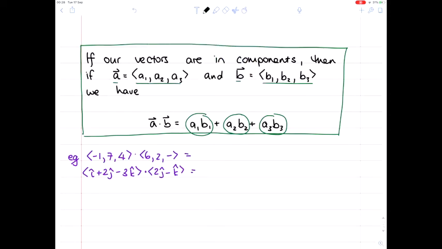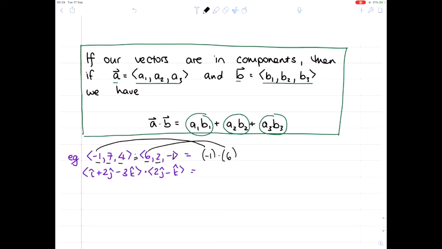So here we go. Let's look at an example. We've got a vector in component form, which is (-1, 7, 4), and the second vector is (6, 2, -1). If we want to take the dot product, it's important that you keep the dot, then we're going to have -1 times 6.